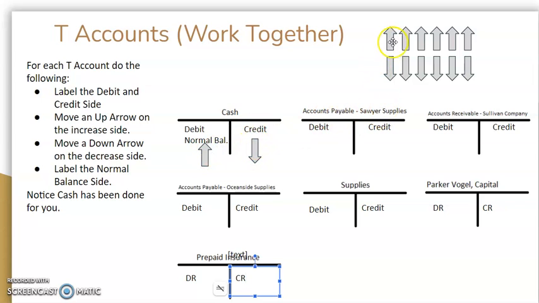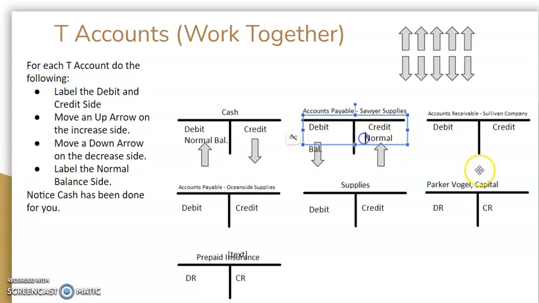Accounts payable, so your supplies. That is a liability account, so it will increase with the credit and it will decrease with the debit. Normal balance will be on your credit side. Whatever your increase side is always going to be your normal balance side. Okay, so accounts receivable, Sullivan Company.